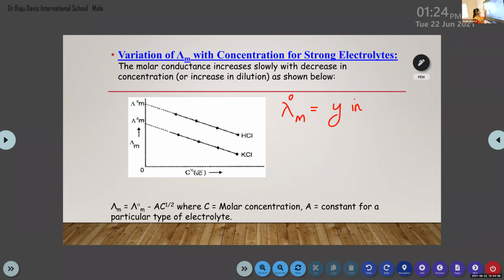The point at which the straight line touches the y-axis is known as the y-intercept, and from that value we can obtain the limiting molar conductivity. So you can write there: the y-intercept is equal to lambda m0, the limiting molar conductivity. We extend this graph towards the y-axis, and wherever it meets, it is the limiting molar conductivity lambda m0, known as the y-intercept.